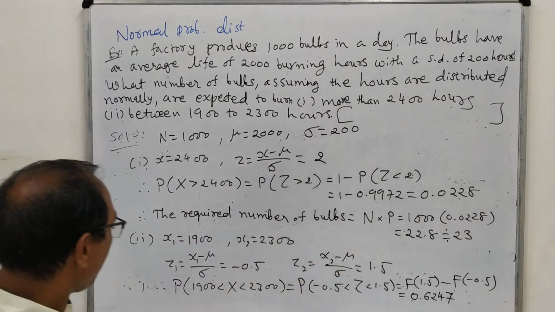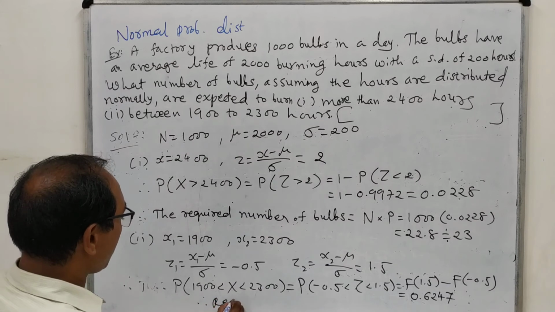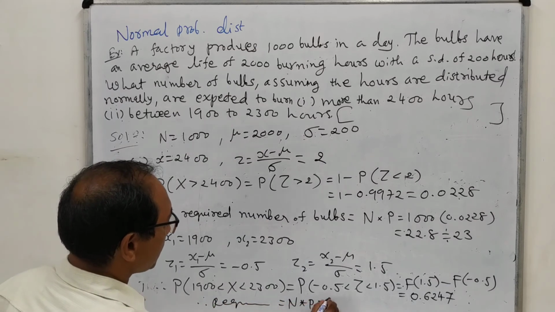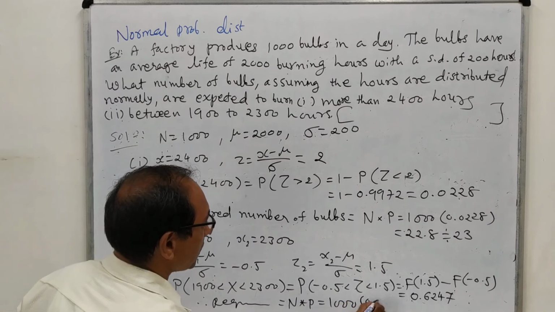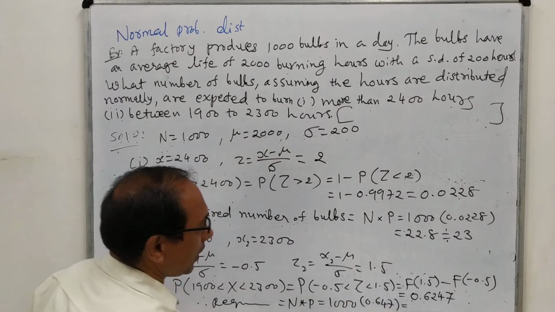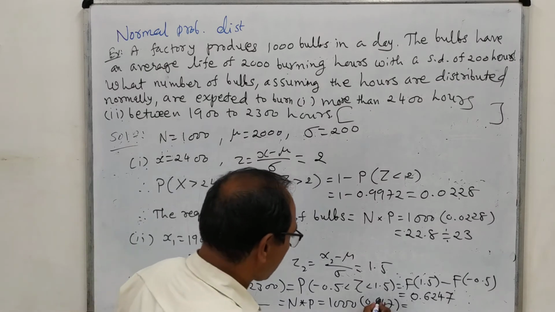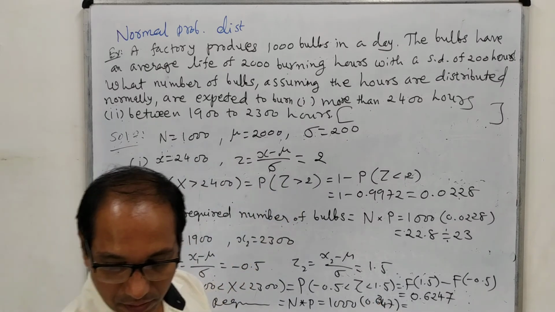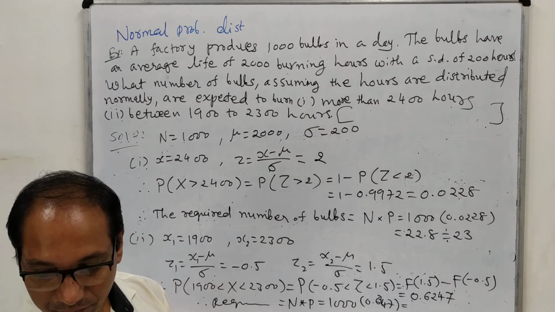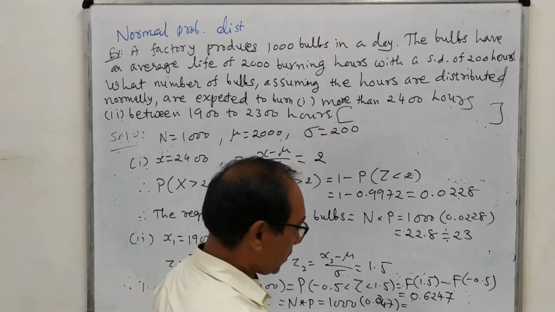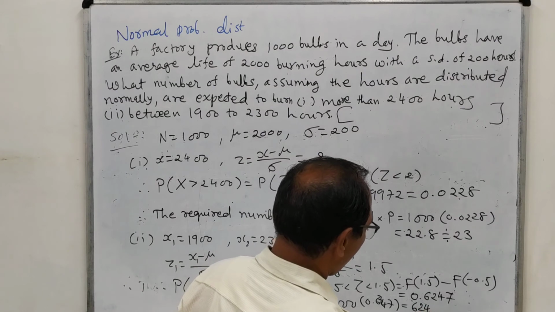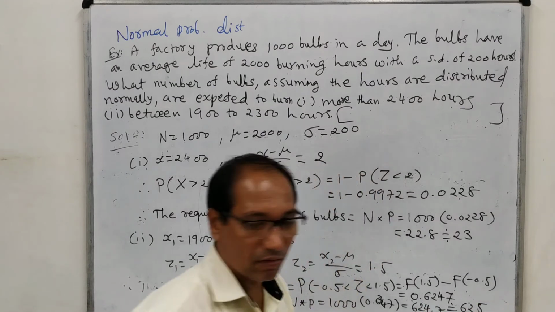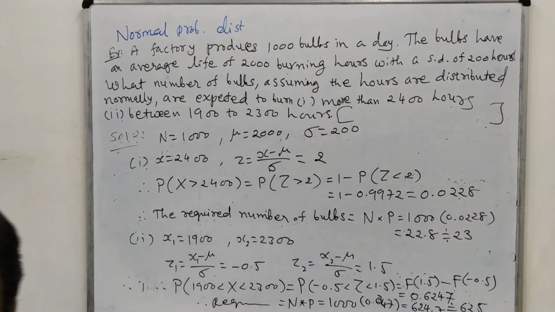Therefore the required number of bulbs equals capital N into P, that is, 1000 into 0.6247, which is 624.7, approximately equal to 625. So this is the answer.